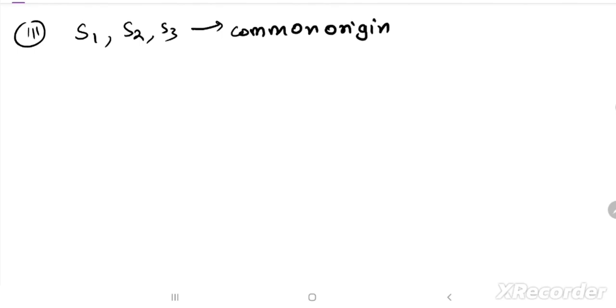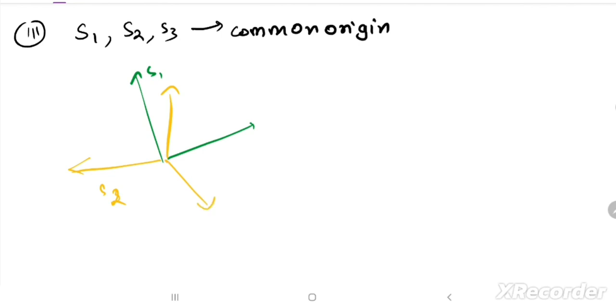Now suppose a particle P exists in these frames. This is frame 1, this is frame 2, this is frame 3. Well, I am just giving random directions, and suppose a particle P exists in this frame.